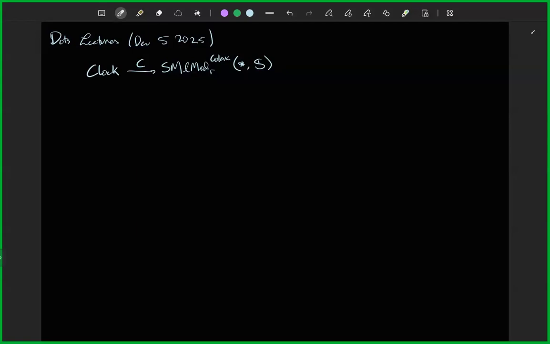That means that for every clock C, I'm just going to call it I, I'm going to treat it as an index, we have C_I, which is a colax morphism of symmetric monoidal loose right modules like this.